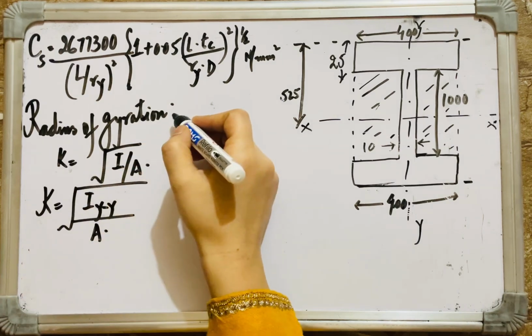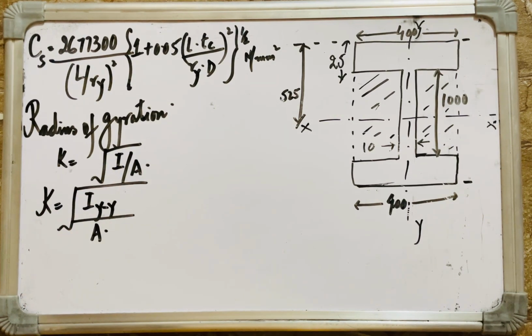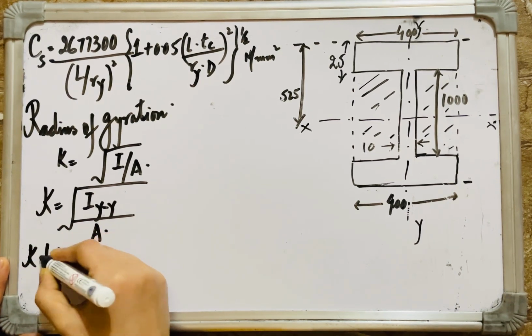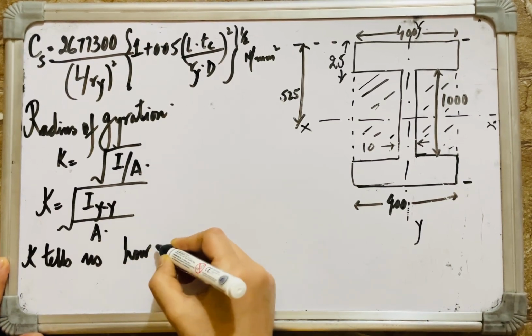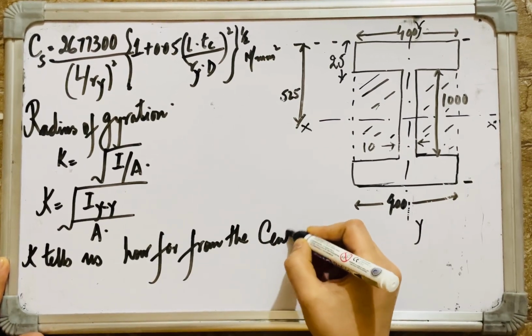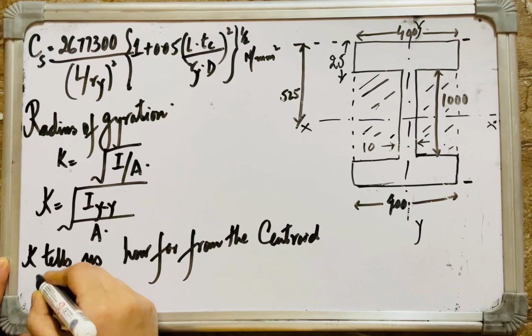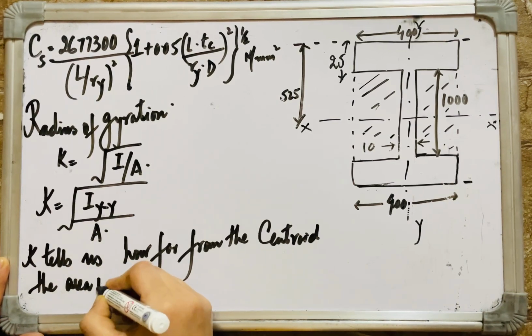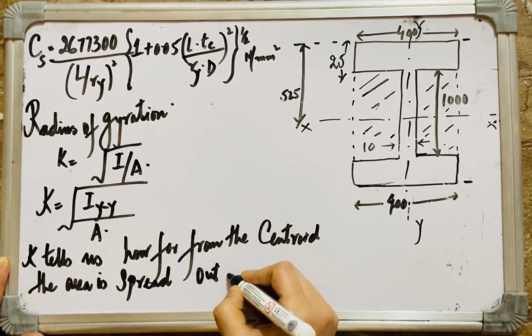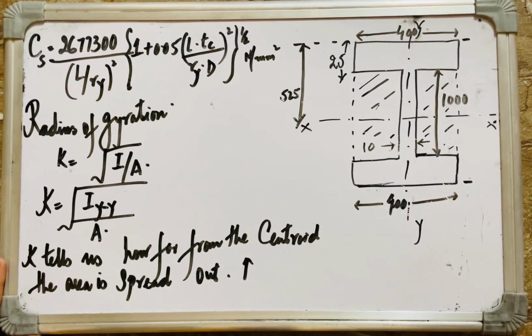Let us discuss something about the radius of gyration first to have a quick recap of the concept. What is radius of gyration? Radius of gyration, or K, tells us how far from the centroid the area is spread out. A higher value of K generally means a more stable structure against buckling.